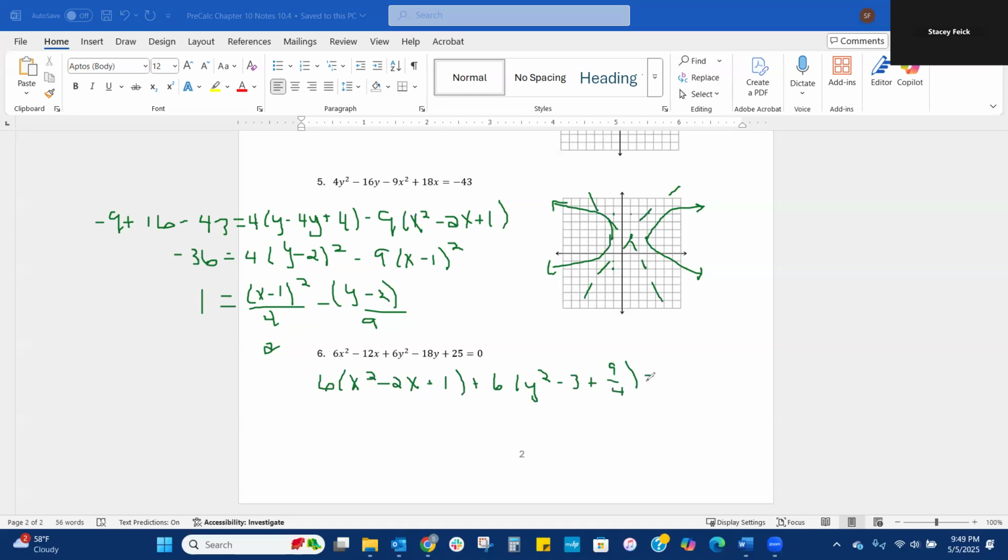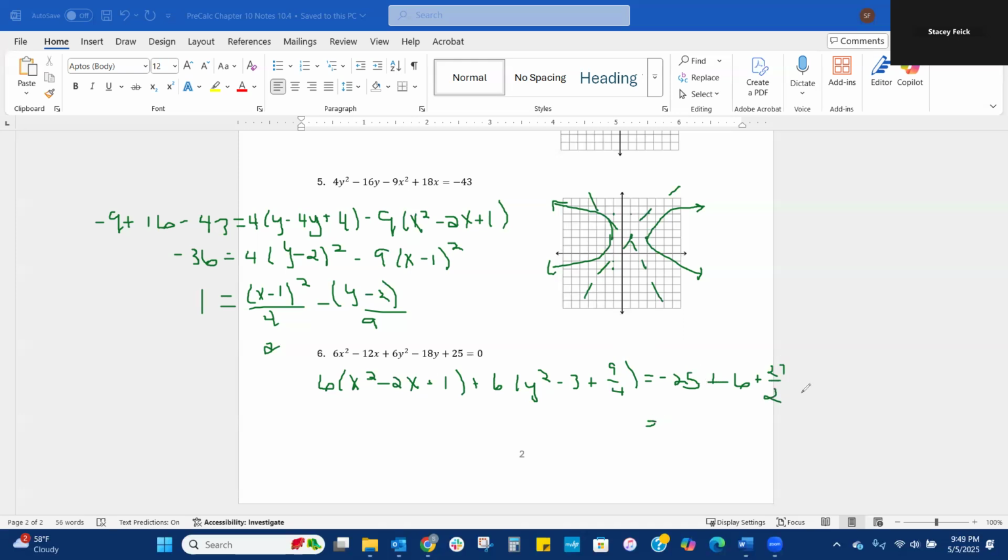And that equals a negative 25. We added 6 from the x term because 1 times 6 made it plus 6. From the y term, it's 6 times 9 divided by 4, which would be 27 halves. And if we added 27 halves on one side, we have to add 27 halves on the other side.